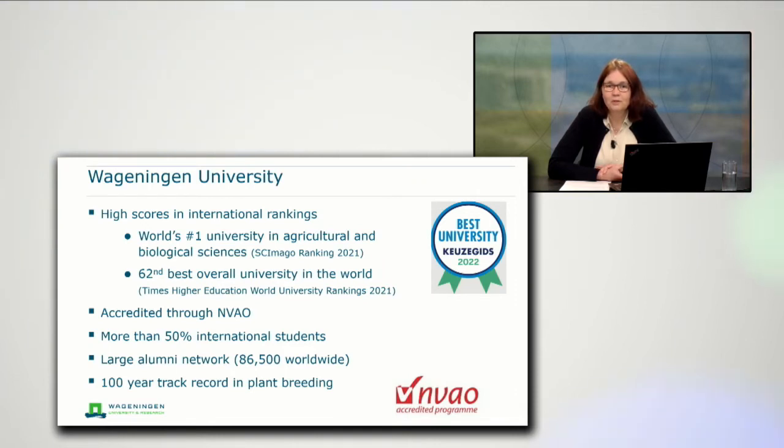For example, we are the number one university in agricultural sciences, and in 2021 we were ranked 62nd best overall university in the world. And also within the Netherlands, we are one of the best, the best university according to the Keuzegids Higher Education, which ranks all the Dutch bachelor and master's programs.